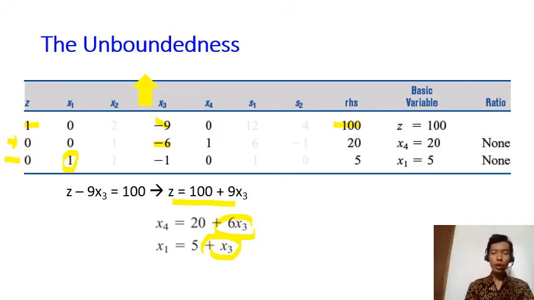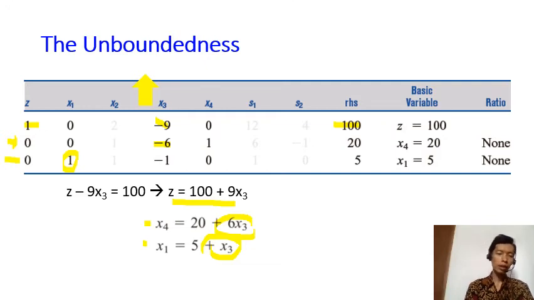Because the ratio test is none, it means that you can set the value of x3 as large as possible. When you set x3 to any positive number, regardless of how large it is, x4 and x1 will still be positive. So those that are in the basic variables at this moment will still be positive.